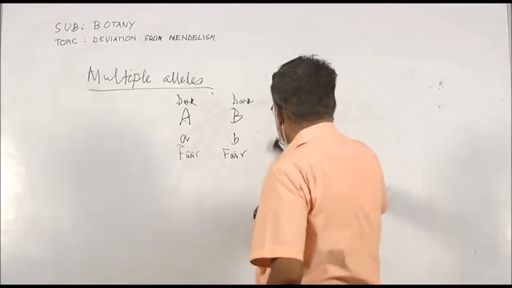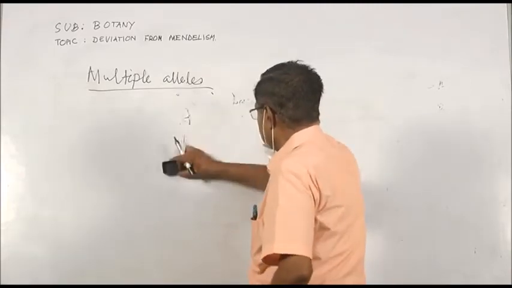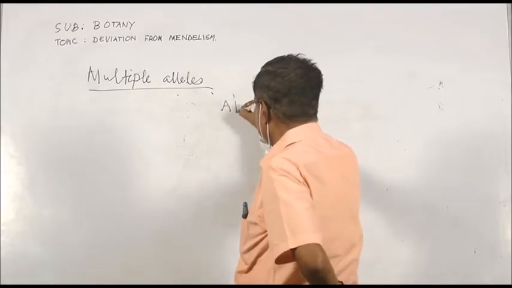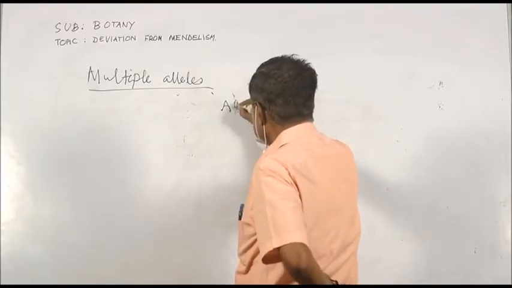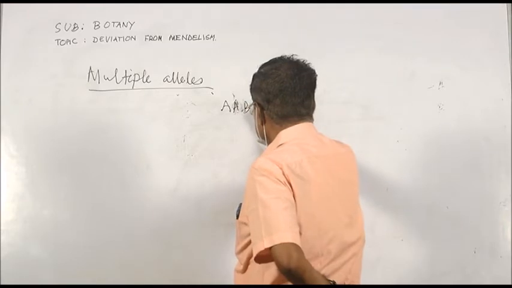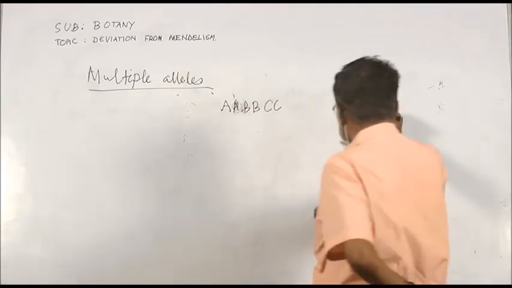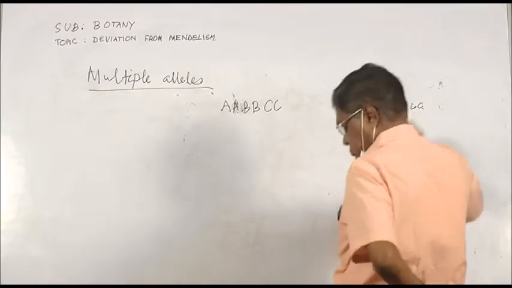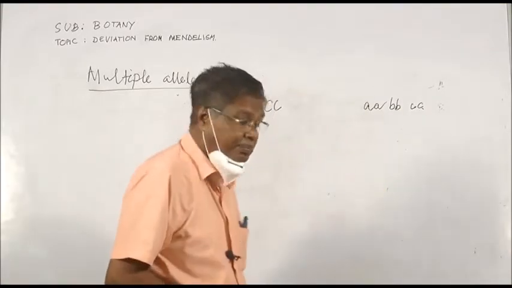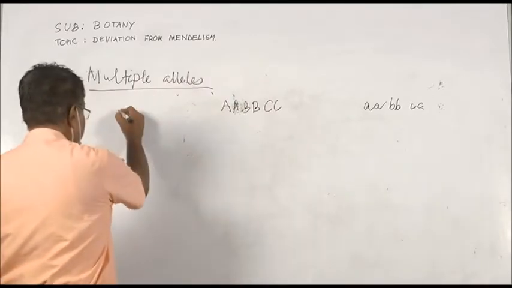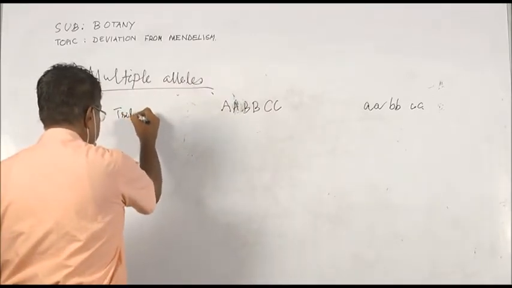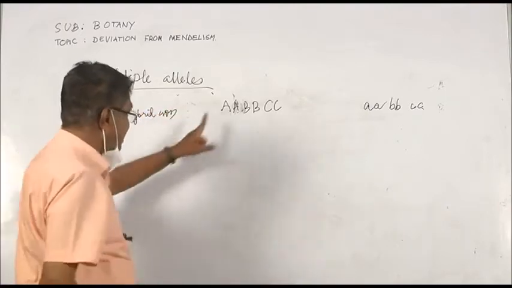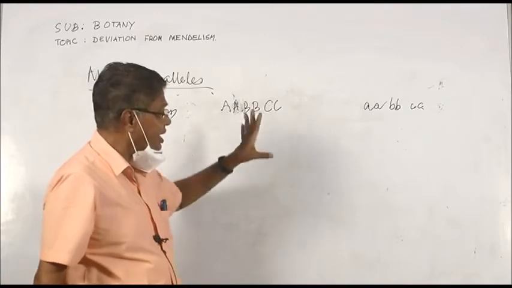Now let us look into the cross. Let us cross A, B, C. As per the number of factors, this is a trihybrid cross. Three genes, trihybrid.